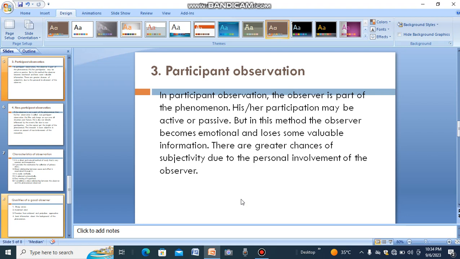Whether he is active or passive in any experiment, in any practical manifestation of something, participation is very much important. In this method, the observer becomes emotional and on some occasions loses some valuable information due to the personal involvement and the element of subjectivity.